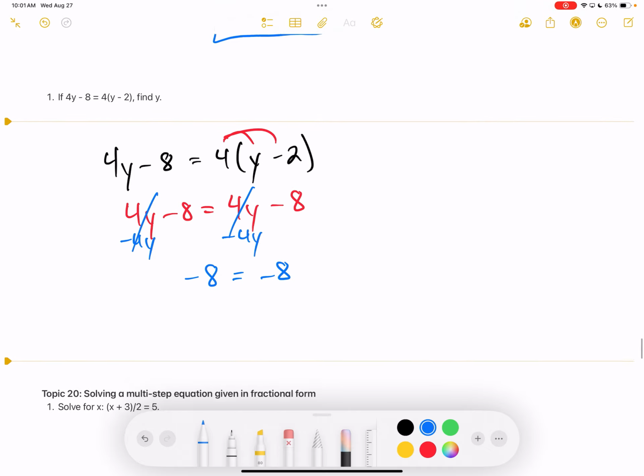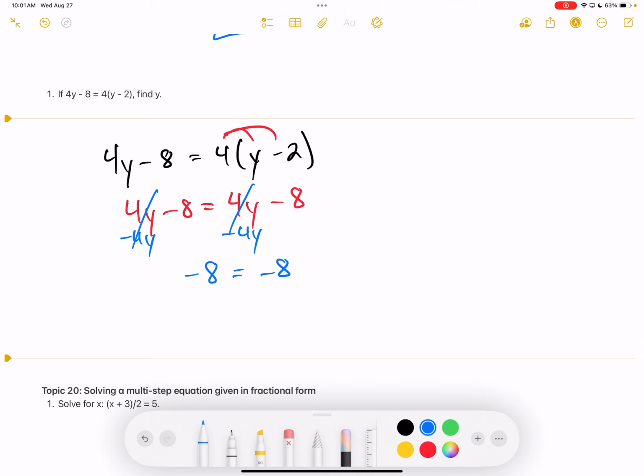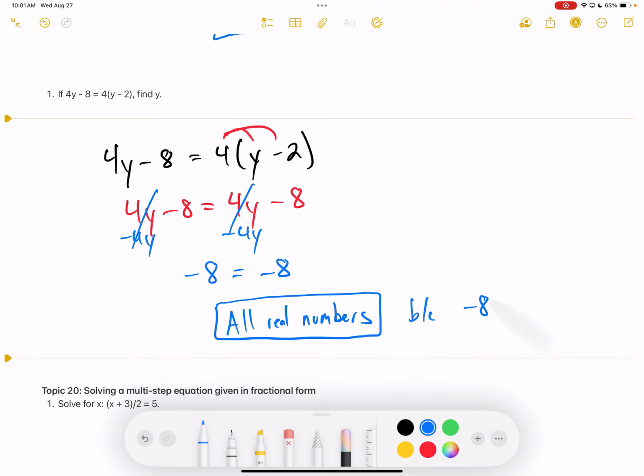Negative 8 does equal negative 8. So what they say here is I could plug in any number that I want and it would work. They could say it's all real numbers. All real numbers because negative 8 does equal negative 8. That means I could plug in any number I want.